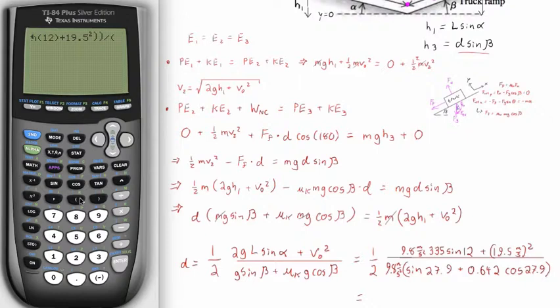And then in the denominator, we'll lead with a 9.8, like we led with a 1/2 in the numerator, and sine of 27.9.